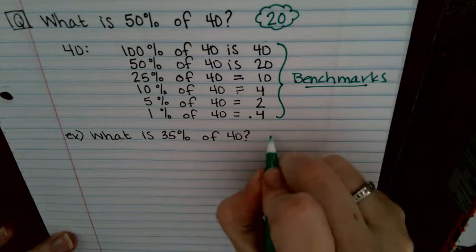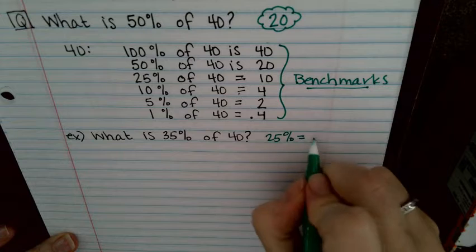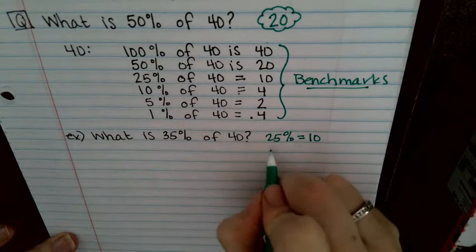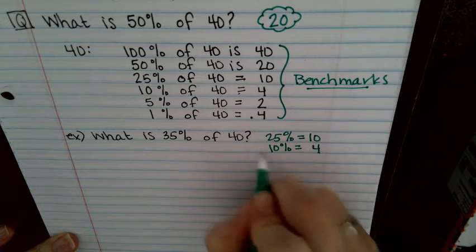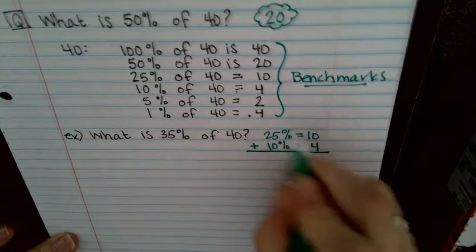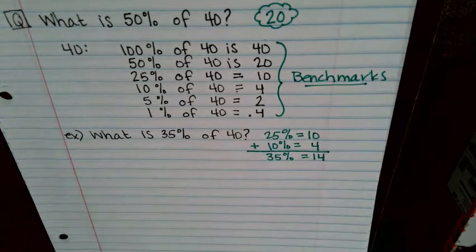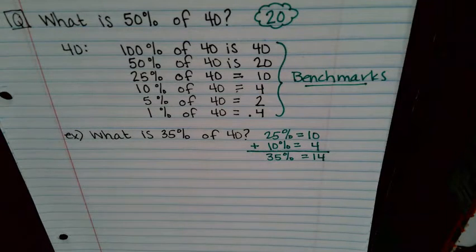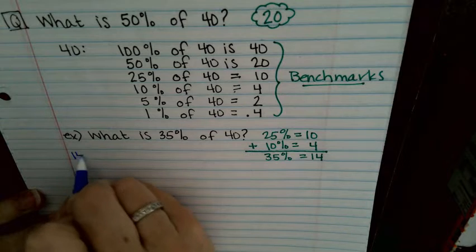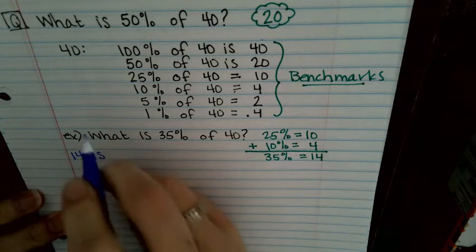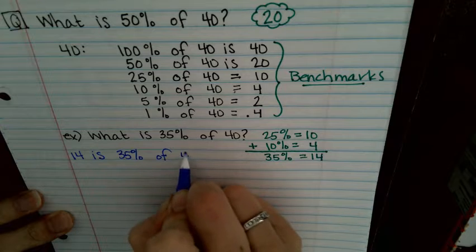Watch how this works. 25% equals, boom, 10. 10% equals 4. If I add those together, I get 35% equals 14. And that means that 14 is 35% of 40.